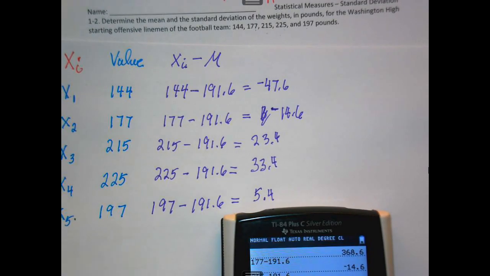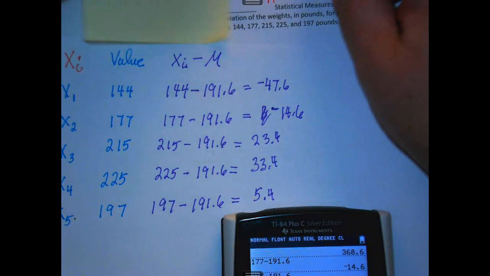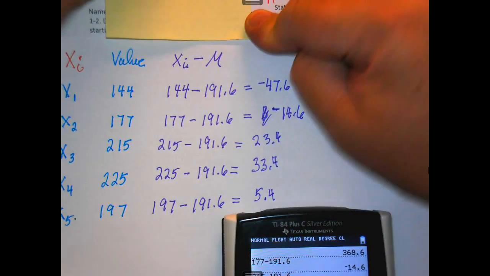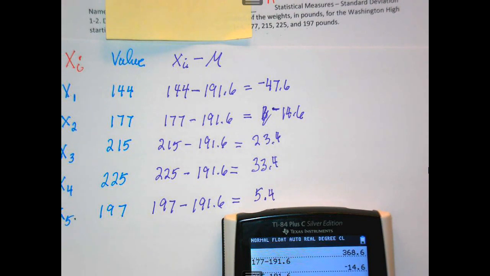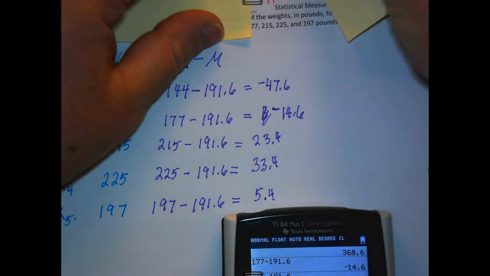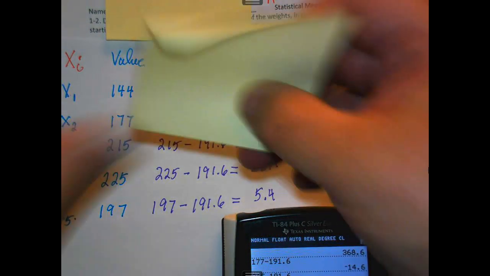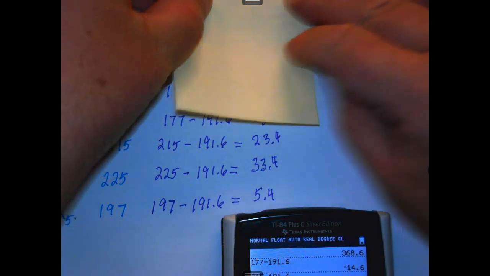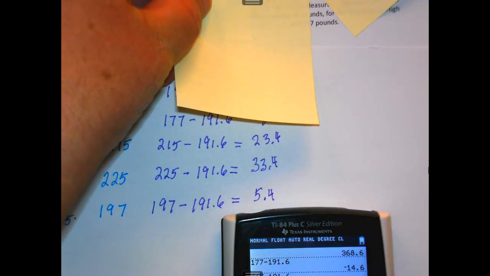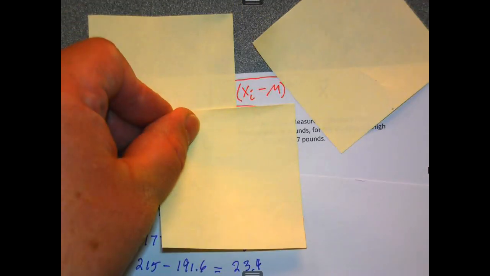Okay, so now we've done this part of the equation, right? We did the x of i minus mean, and we haven't divided by n yet, right? So we've done that part of the equation. What's the next part? Oh, geez, that would help. Huh?